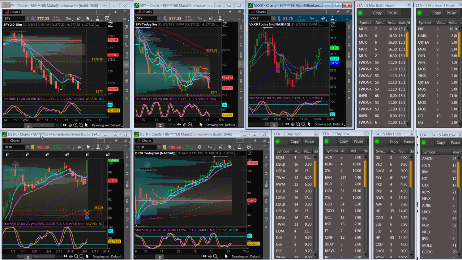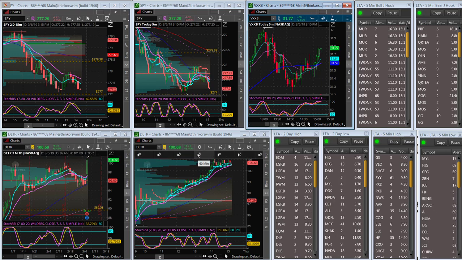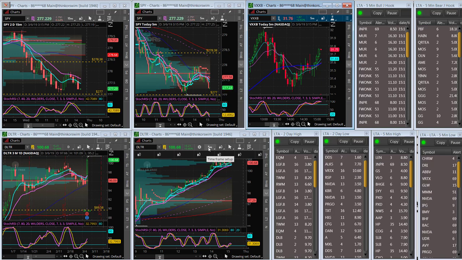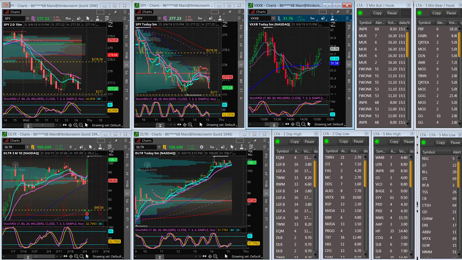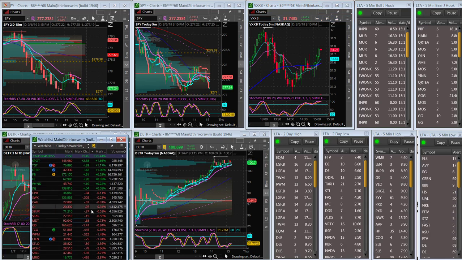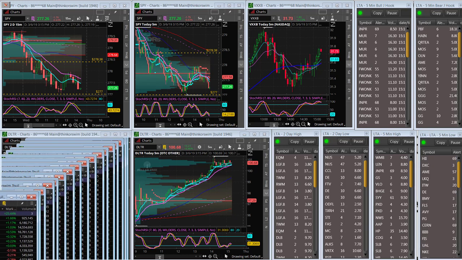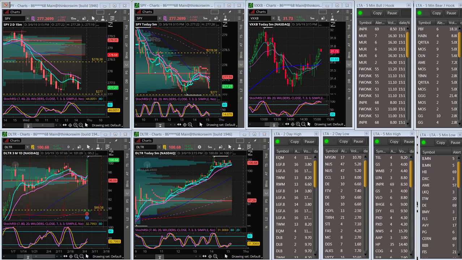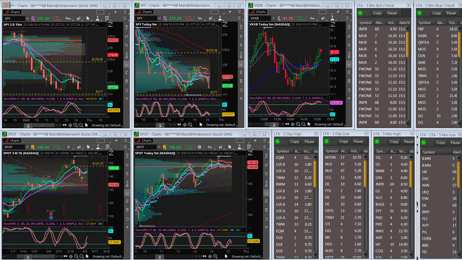On the lower left-hand corner, what I normally put up on the left would be a daily chart of the same symbol, and I'll have a 5-minute chart. So when I have my watch list here that I'm looking at off to the side, I have it over here on the left-hand side, and I'll just click on Spotify.